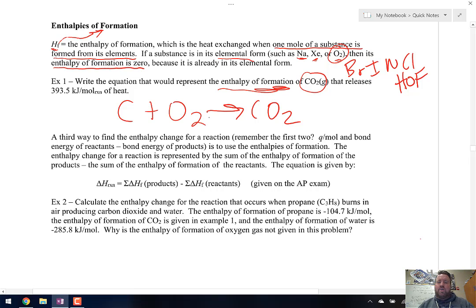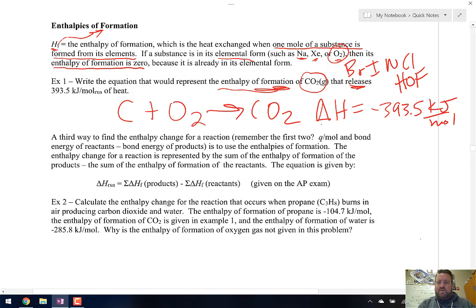Okay, and that equation right there represents the reaction, the enthalpy of formation of CO2. And at the end, what we could do is write delta H equals, and it says it releases, so it's got to be a negative 393.5 kilojoules per mole.